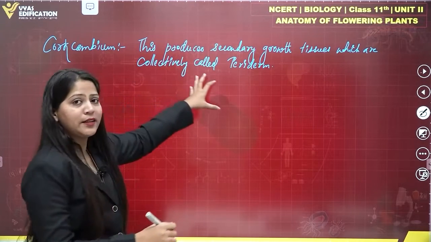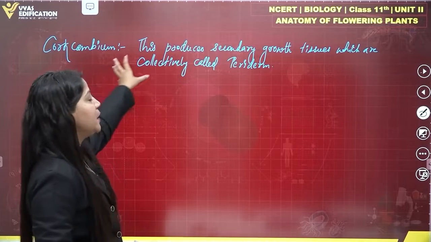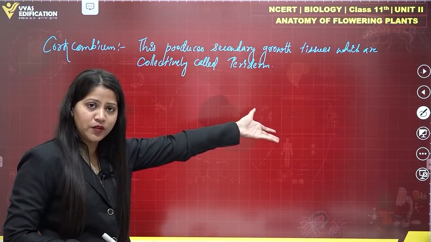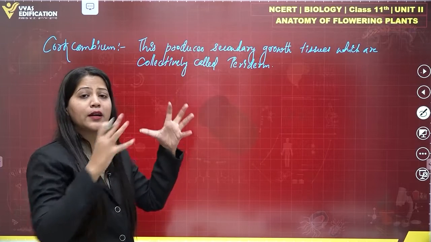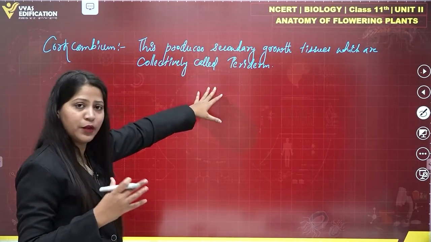So this Cork cambium produces secondary growth tissues, and these secondary growth tissues all together or collectively are known as periderm. We know that.